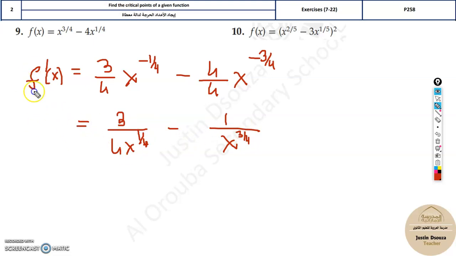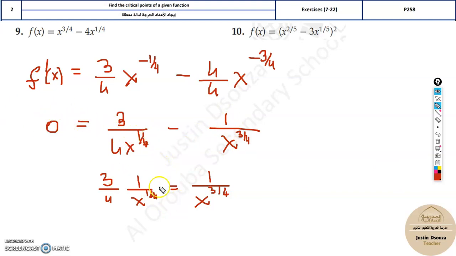Now I know f dash of x must be equal to 0 to find critical numbers. Let me now resolve this. I'll just take this negative to the other side, so it'll be 3/4 times 1 by x to the 1/4 equals 1 by x to the 3/4. All I did is I took this to the other side, so they both are equal.